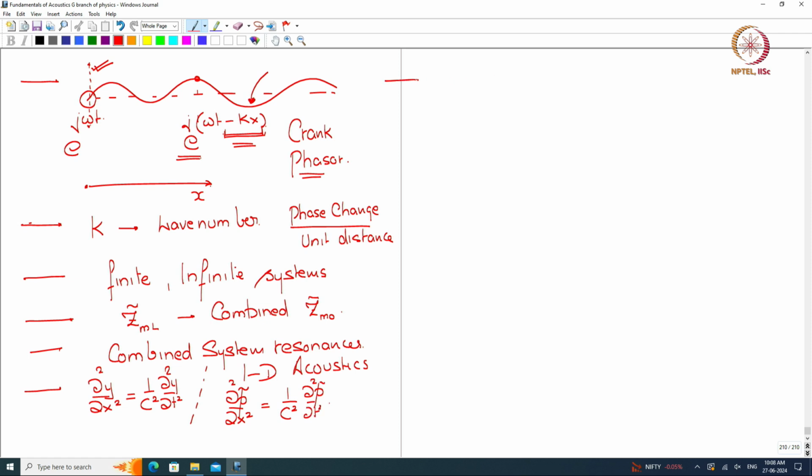Then we derived in detail the acoustic wave equation with the inviscid approximation. Viscosity is negligible in air, and linearity approximation, linearity.